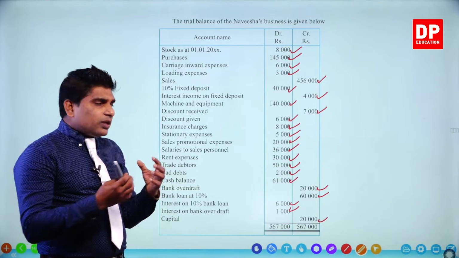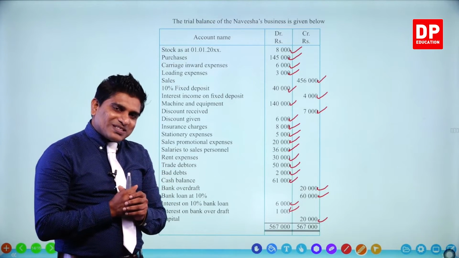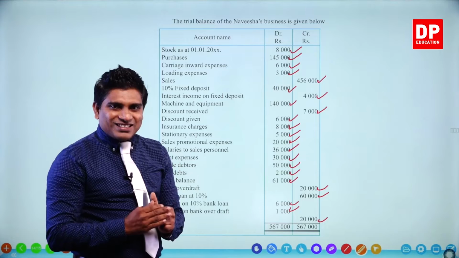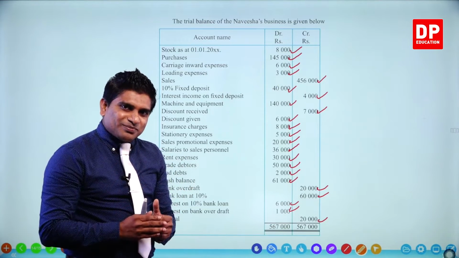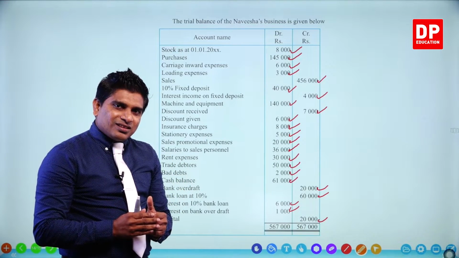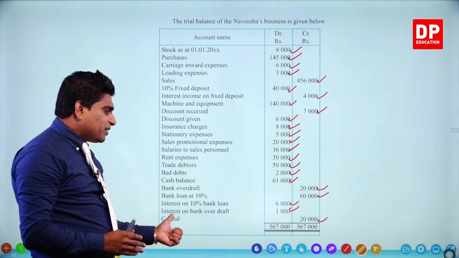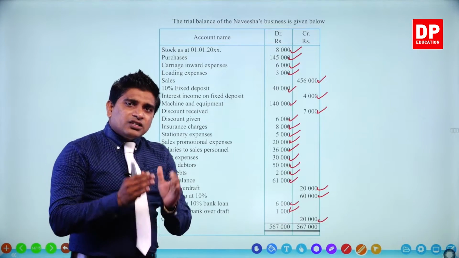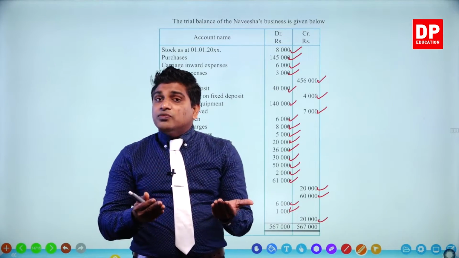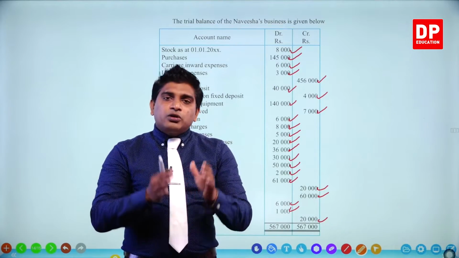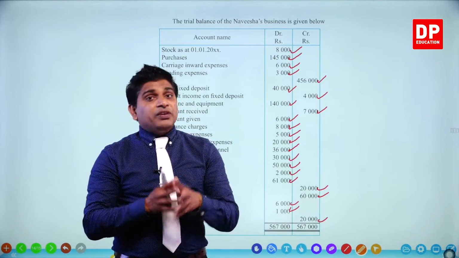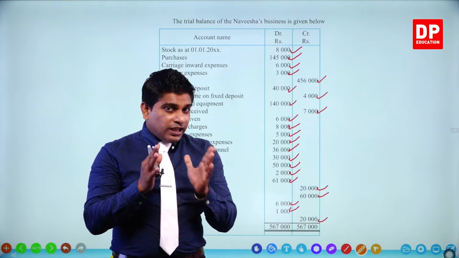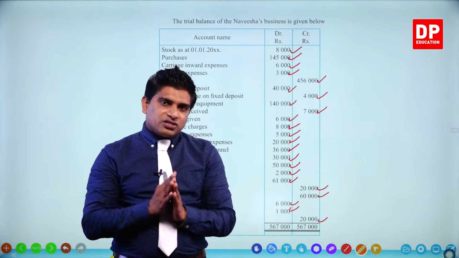When I read this one, actually you can see here not only income and expenses, you can see some liabilities, you can see some assets here. Finally, they have given capital, means equity. But still we are discussing the profit and loss statement. To draw the profit and loss statement, we consider only income and expenses.